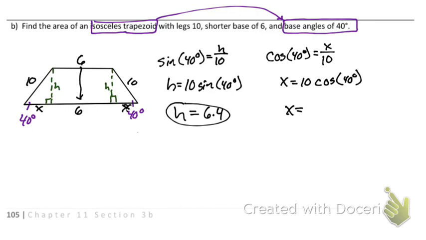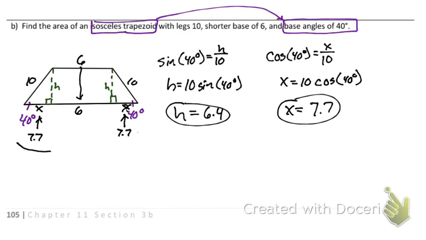Kazi? 7 point... I think it rounds to 7.7. Am I right? Okay. All right. Well, that's important because that means that this x is 7.7. It means that this x is 7.7.